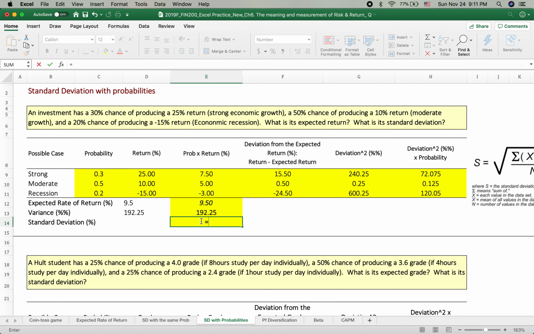Then, as I mentioned earlier, we take the square root of this variance, and then we come back to the percentage standard deviation. So this 13.87% standard deviation explains the upside, the deviation from this expected rate of return, and the downside, by this 13.87% standard deviation. Okay.